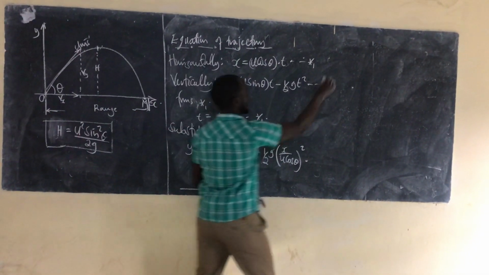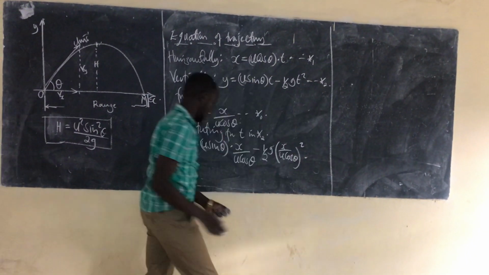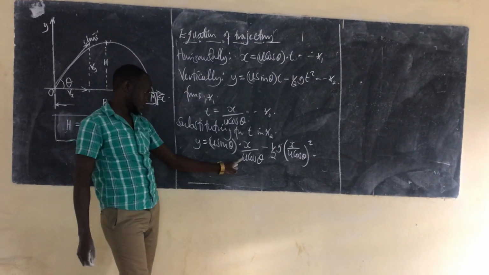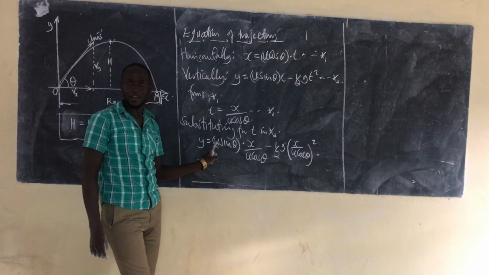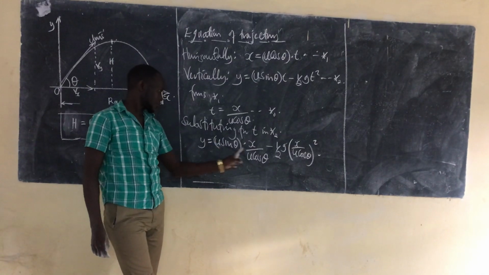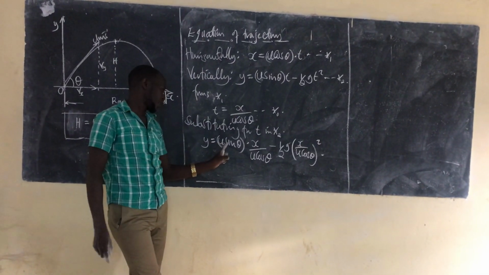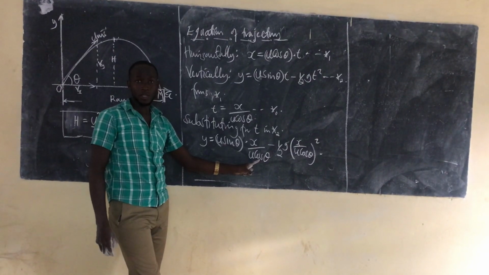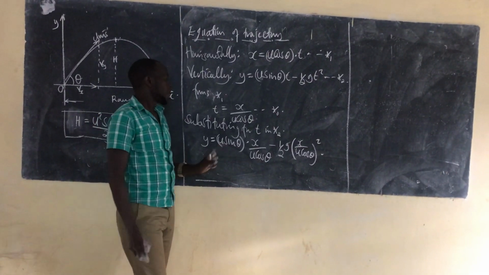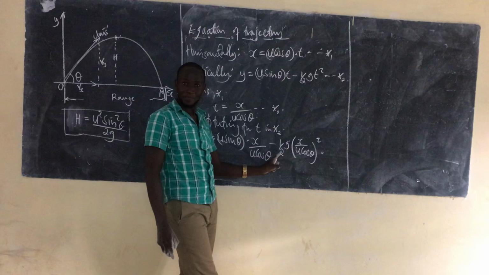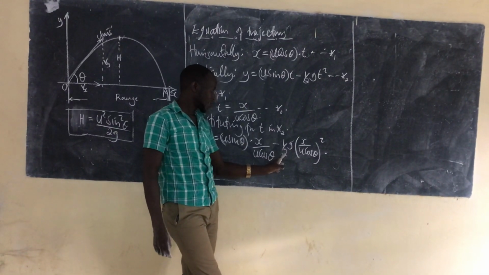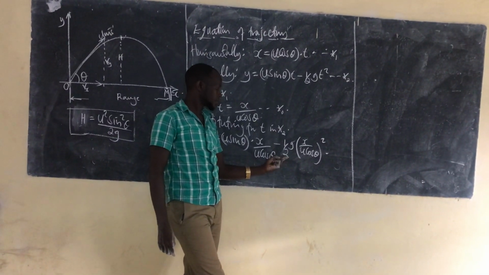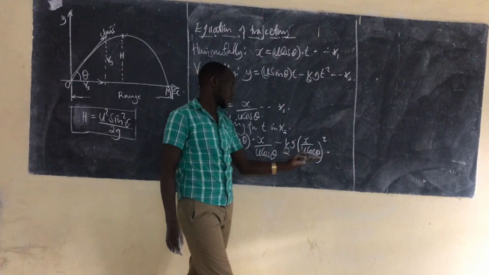After having this, look at this. This is u and this is u, so they cancel out. Then you have sine theta divided by cos theta; in trigonometry, that becomes tan. Look at this: you have a half g, and the 2 makes a fraction here.